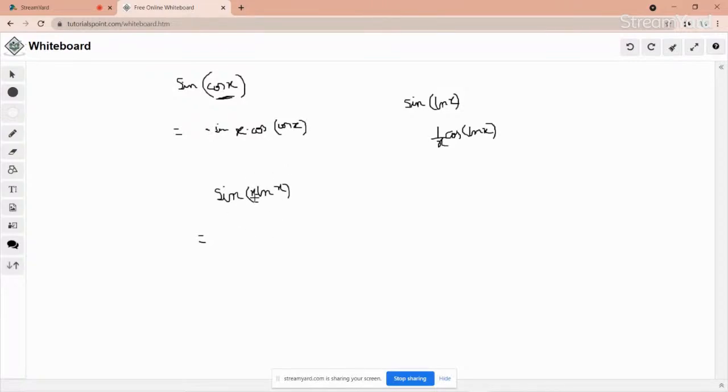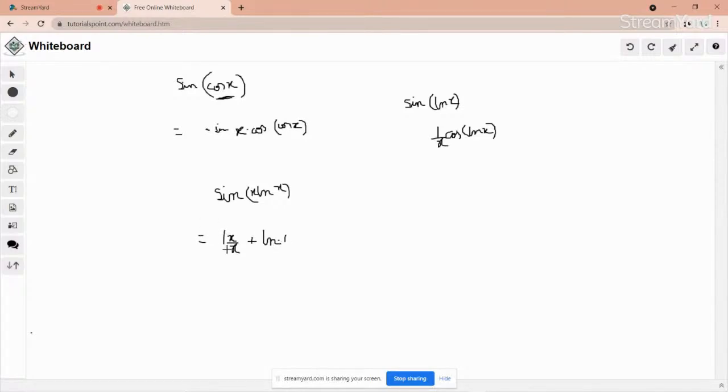As you can see, here are two terms, x and ln x, so you have to use the product rule. Let's firstly take x as constant, and the differentiation of ln x will be 1 by x, plus, this time ln x will be constant, so differentiating x with respect to x will give 1.